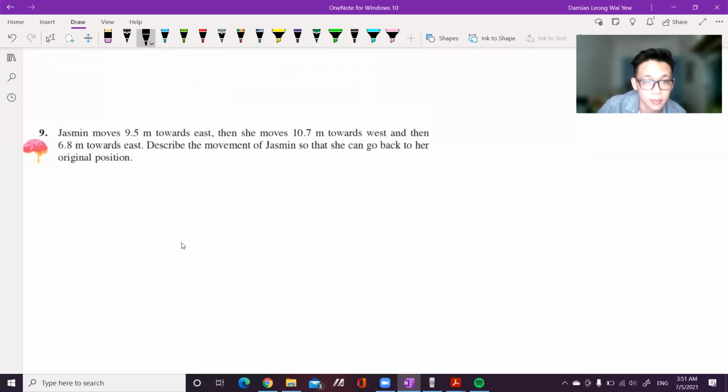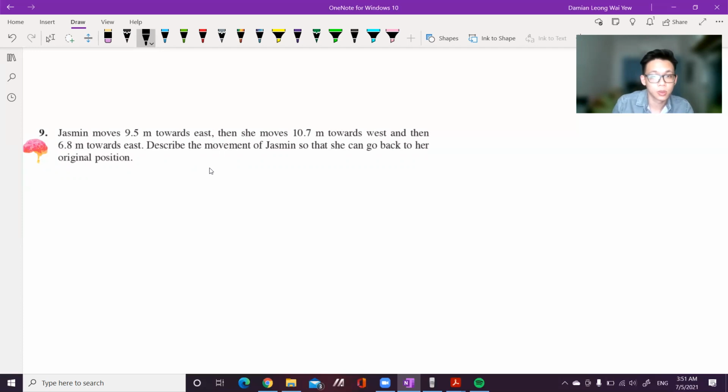And question 9. Jasmine moves 9.5 meters towards east. Then she moves 10.7 meters towards the west, and then 6.8 meters towards the east. Describe the movement of Jasmine so that she can go back to her original position. Let's figure out where she is first.